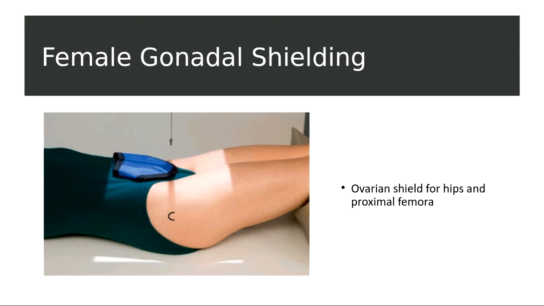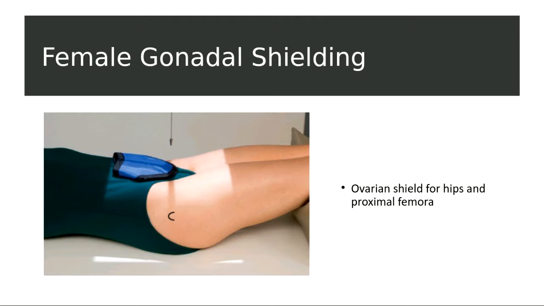But honestly, on most female patients, gonadal shielding is not possible. If they order a pelvis, it's not possible. Typically, if they order a hip or a femur, you can shield when you're doing the distal images, but typically not on the proximal.